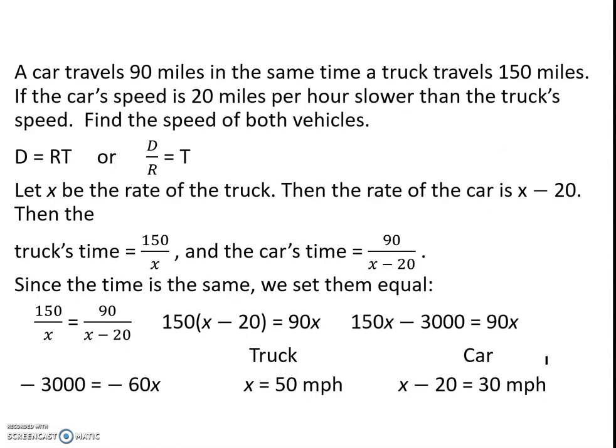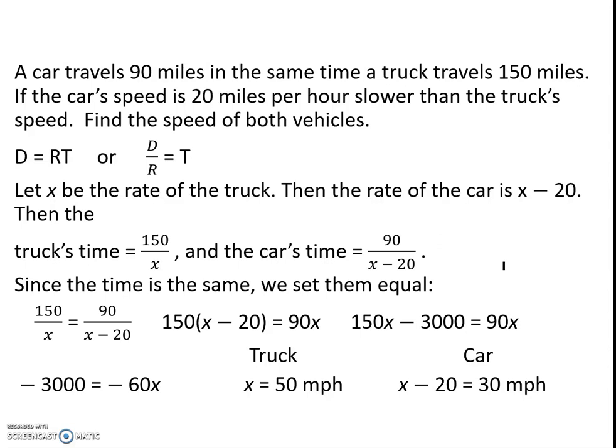Our next problem is a car that's traveling 90 miles in the same time a truck travels 150 miles. If the car's speed is 20 miles per hour slower than the truck speed, find the speed of both vehicles. Well, we know distance equals rate times time, or distance divided by rate equals the time.